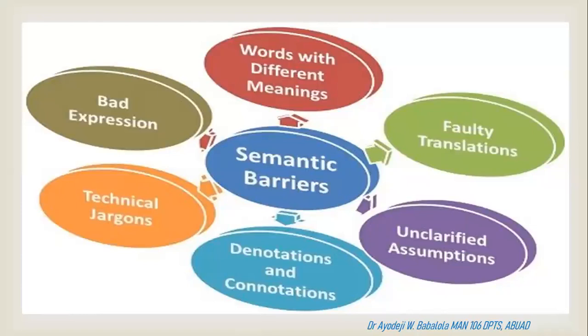Some languages like the Yoruba language have certain words that can have up to three meanings just by the change of tone. I mean, just a slight change of tone and it means a totally different thing.